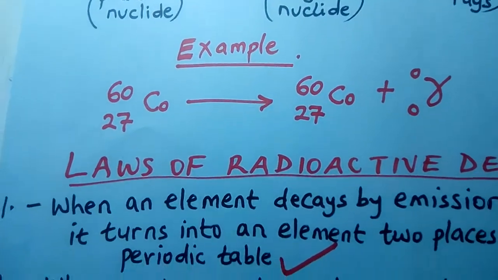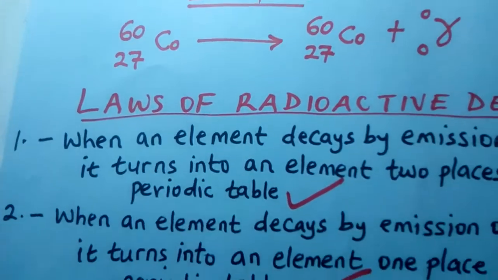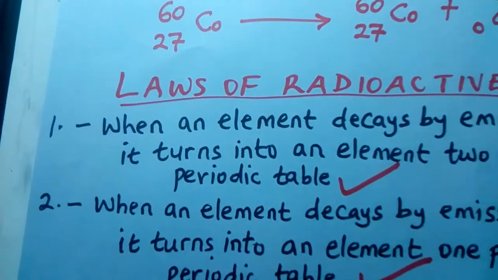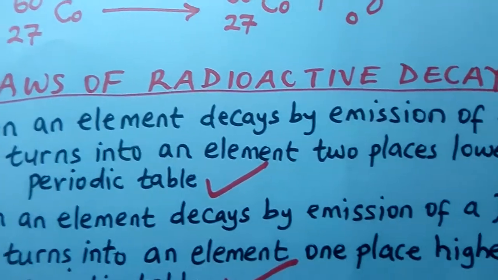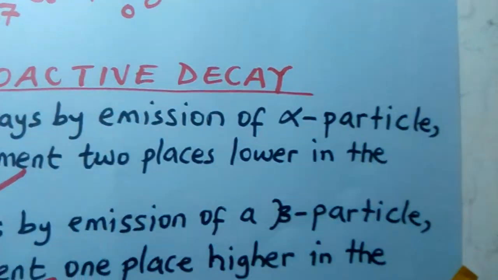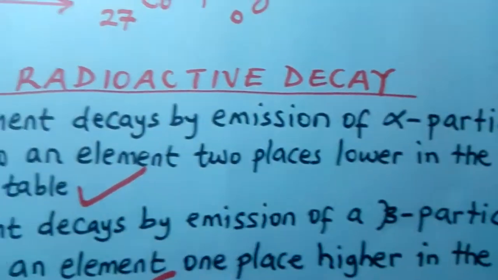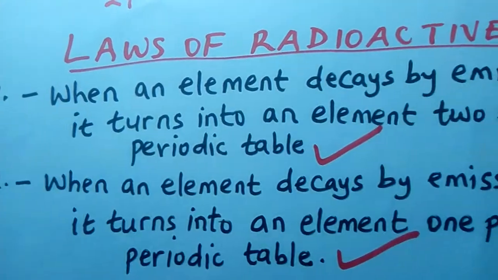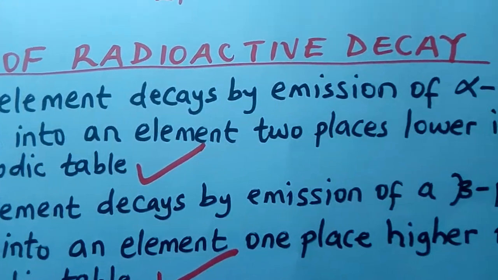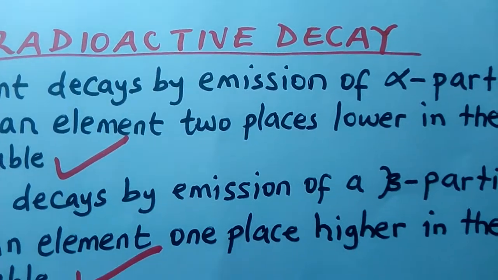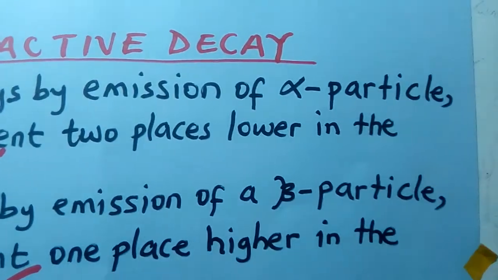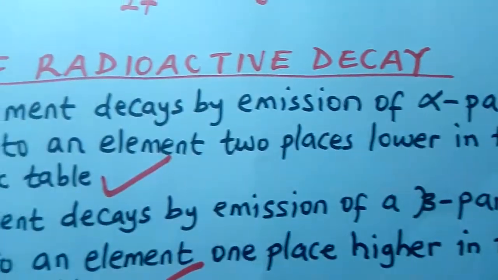So we have laws of radioactive decay using what we have already discussed. The first one says, when an element decays by emission of an alpha particle, it turns into a new element 2 places lower in the periodic table.